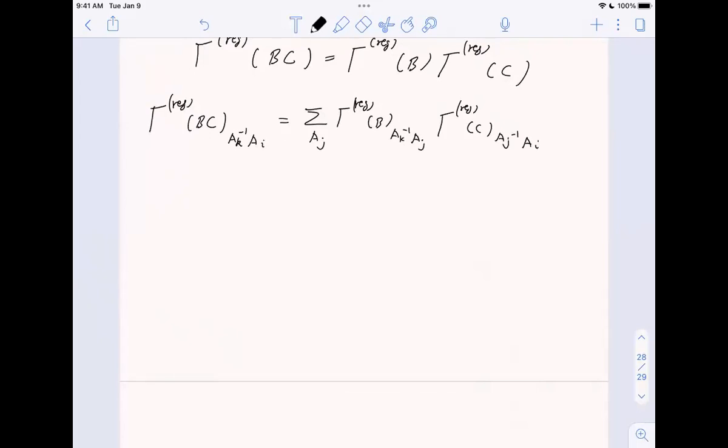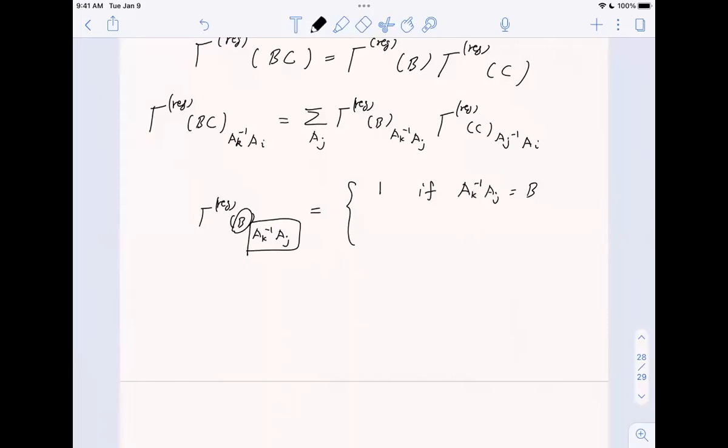So let's look at this element. What is this element? According to our definition of the matrix, this element is 1 if this one equals B. Because the way we set it is that if this thing equals B, we just set it to 1.